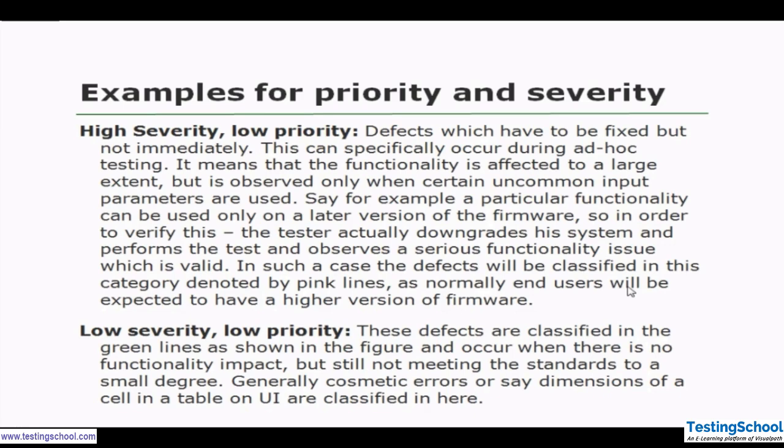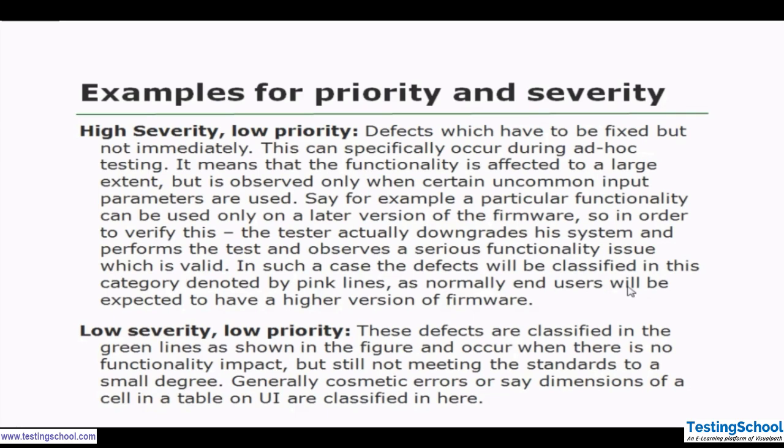So it is a defect which has to be fixed but not immediately. This can specifically occur during ad hoc testing, where we are testing ad hoc and breaking the system. Then if we find a particular defect, it can be high severity but low priority.